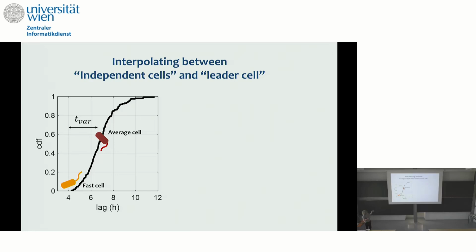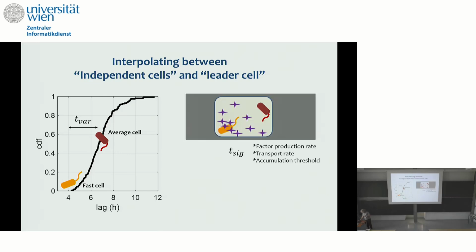So if you do this, you can define 2 variables that compete. If you imagine that the cells are secreting some molecule that the others can detect, then you have two timescales you need to compare, the variance between different lag times and the signaling timescales.